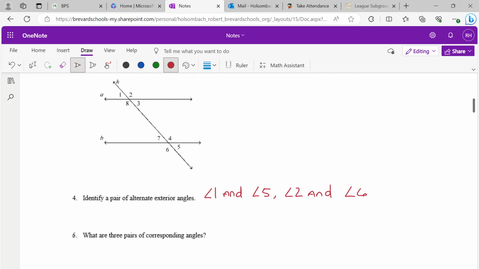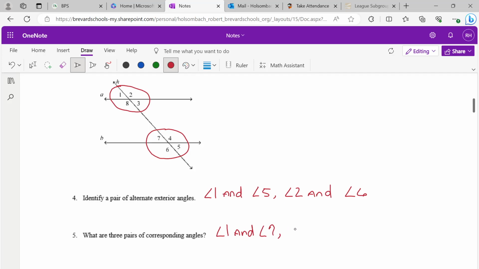And then number 5 asks you, what are 3 pairs of corresponding angles? Corresponding angles, remember we said they hold the same position in their respective group. So we have 2 groups of angles here. So I'm going to start with angle 1. And since angle 1 is in the upper left region of its group, I need the upper left region of this second group. So that's angle 7.